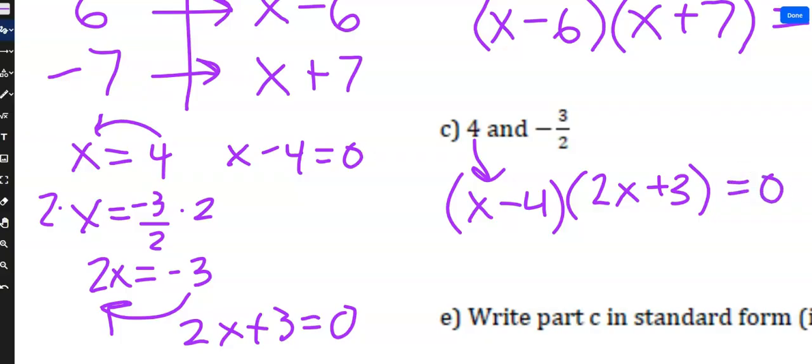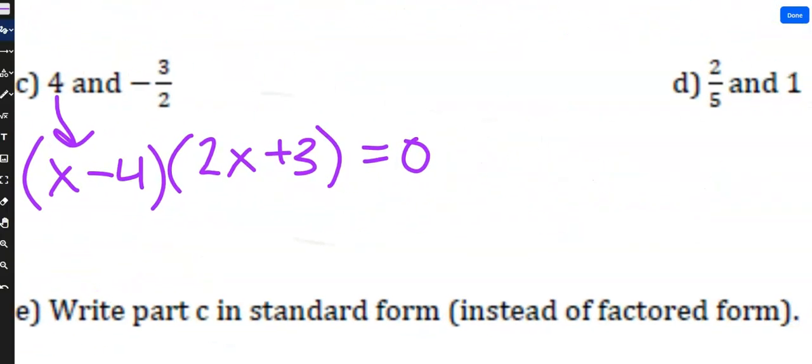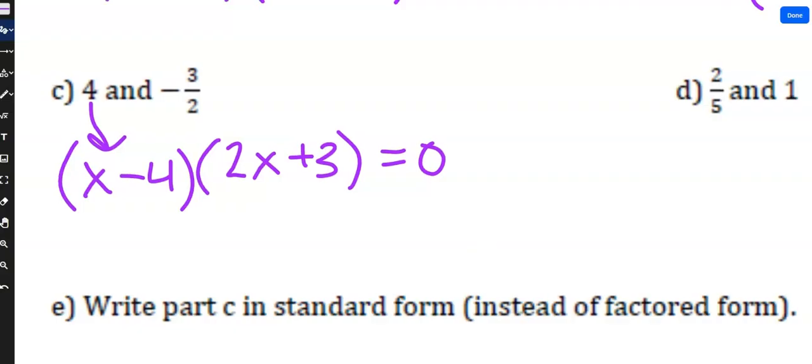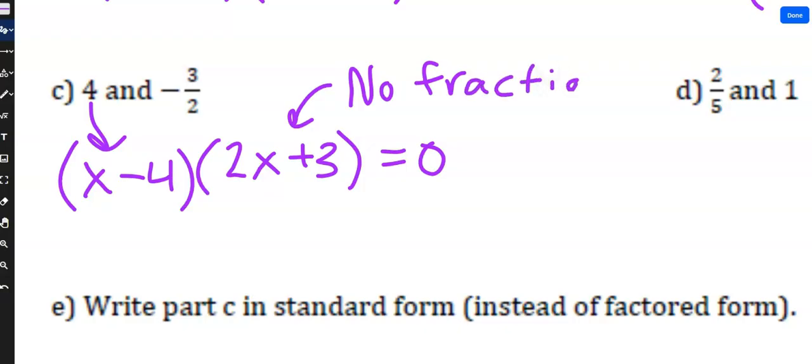So instead of writing x plus 3 halves, I know a lot of people would say x plus 3 halves, but I would rather see you not have fractions involved in your factors. So this has no fractions involved, no fractions with denominators other than a 1.